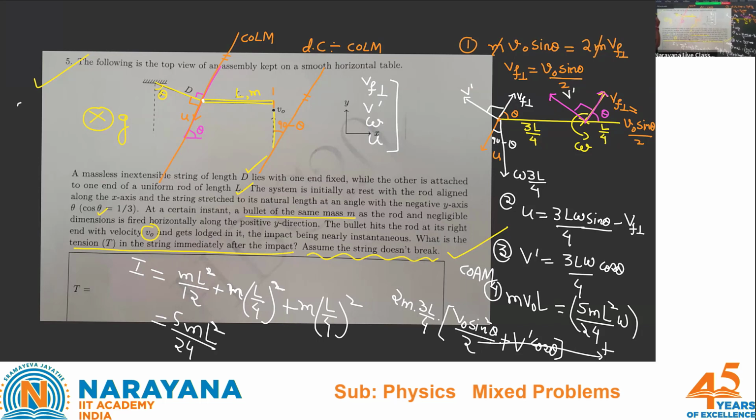So mainly, the omega that I am getting is V naught by L. The U that I am getting is V naught by 3 root 2. These two things first. Rest, in fact, are not even required. You can check, eliminate everything. What I am interested in is a U term, which I am writing here, and omega. In fact, all that VF perpendicular, V prime, you try to eliminate. VF perpendicular was not even there. V prime I had written. If you substitute here, basically I needed omega and I needed U.